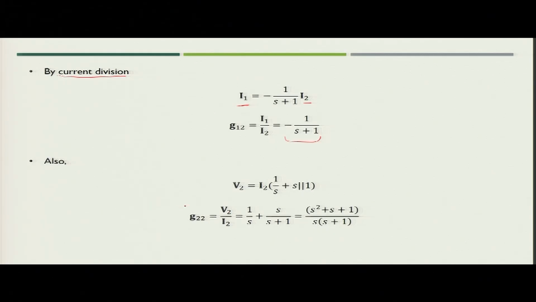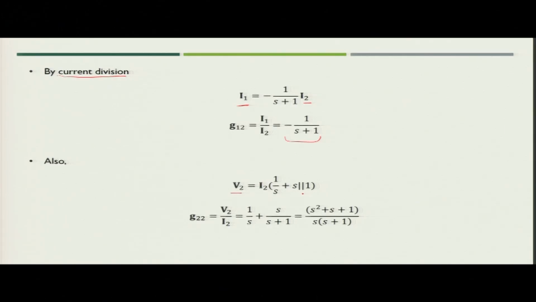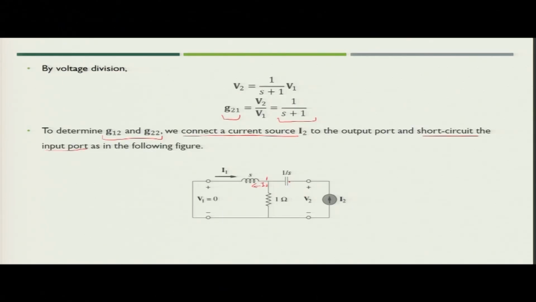Now, we need to find out the relationship between V2 and I2. So, what is the value of V2? Value of V2 is nothing but the value of current I2 multiplied by 1 by S plus the parallel combination of 1 ohm and the inductor having value S, because since this is a short circuit, the inductor and resistance will be in parallel.